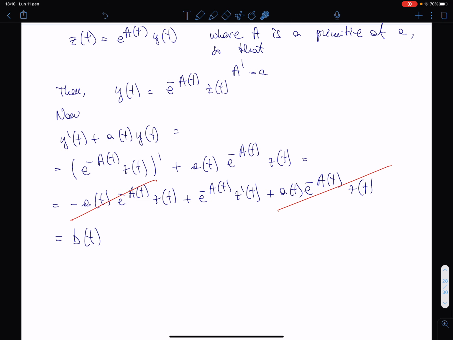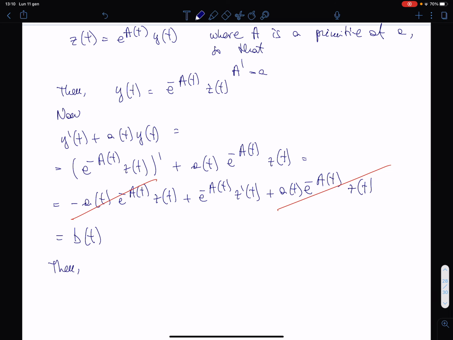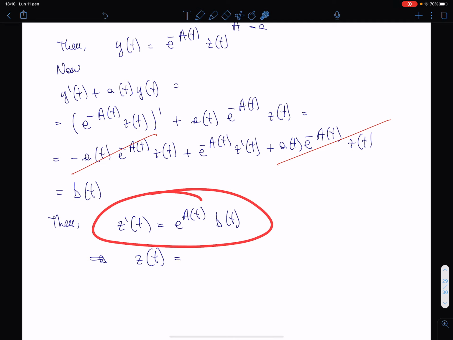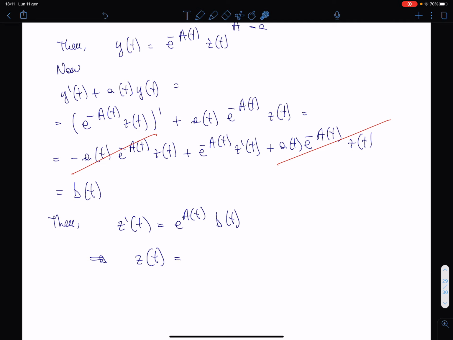So we end up with this nice fact that z prime of t equals e to the power A of t b of t. Then z of t, just integrate. If you want, this is an indefinite integral of a very easy differential equation.